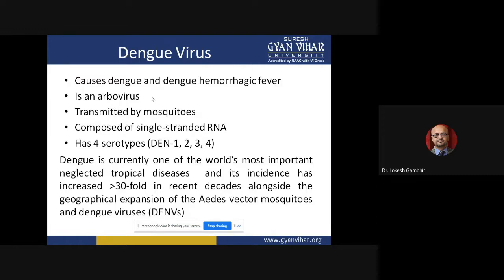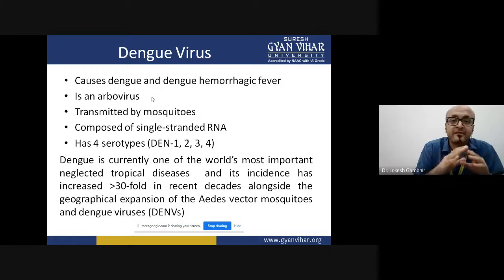See, dengue virus, how did the nomenclature come? When we are talking about virus nomenclature, we understand it's given by a certain scientific committee. But what is the basis of giving a name? You give the nomenclature to viruses based on different attributes, depending on the host: an animal virus, a plant virus.